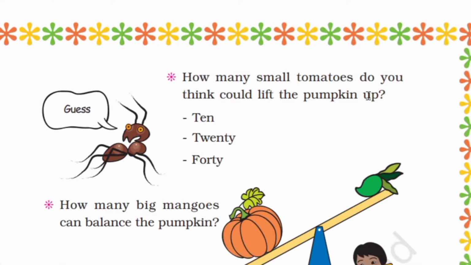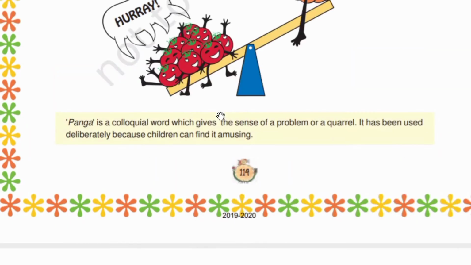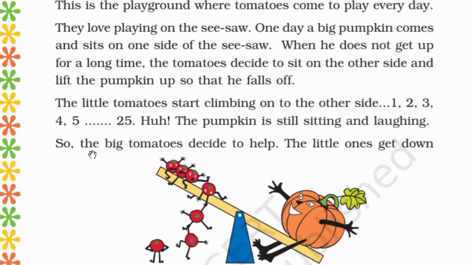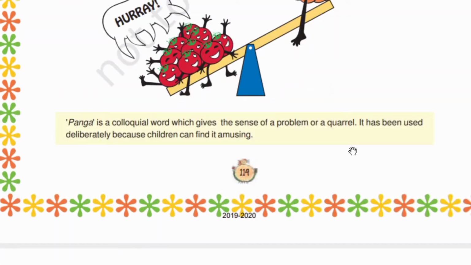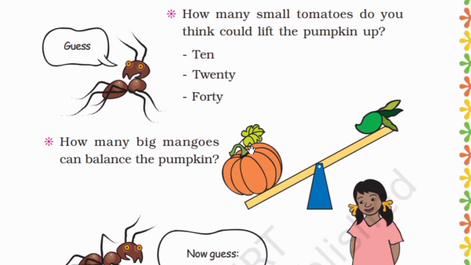How many small tomatoes do you think could lift the pumpkin up? Fat ones 20. Then small tomatoes around 37 to 40 tomatoes. So you can write 37 to 40 tomatoes. How many big mangoes can balance the pumpkin?